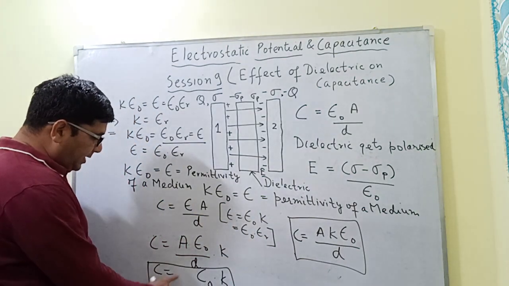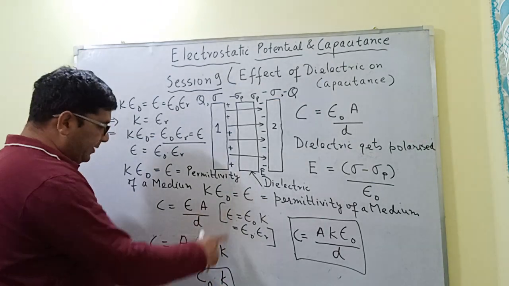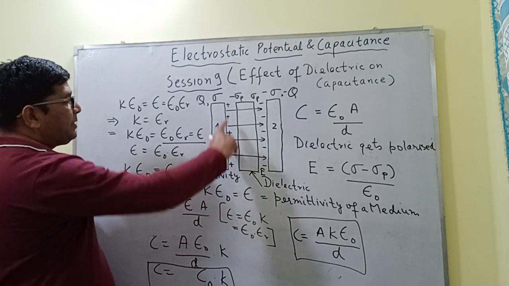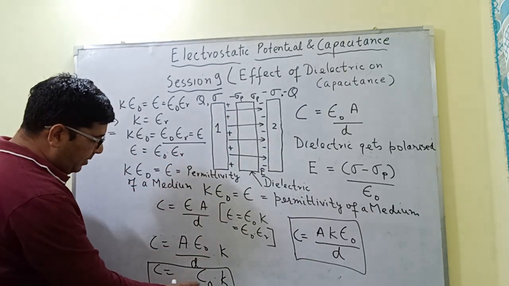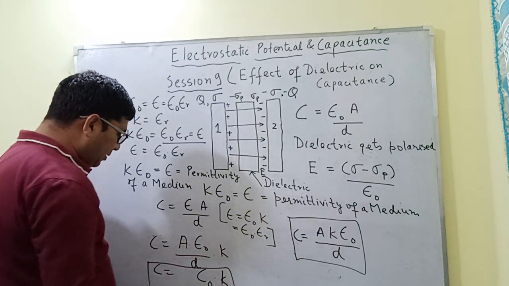So the capacitance of a capacitor which is filled with a dielectric in the space between these two conductors is given by C naught into K, where K is the dielectric constant of that particular medium.